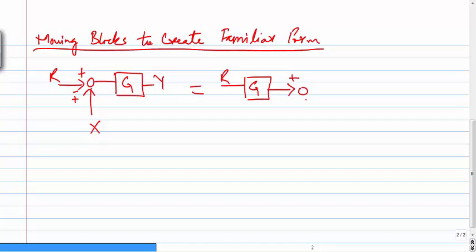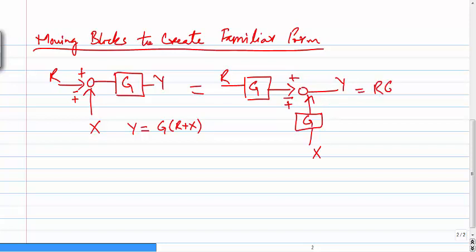Similarly XG. If it is minus plus, doesn't matter, and then output. So this is the same, because if I write the equation for this one, Y is equal to G times R plus X. Here the equation looks like RG plus XG. So we have the same representation in both cases.